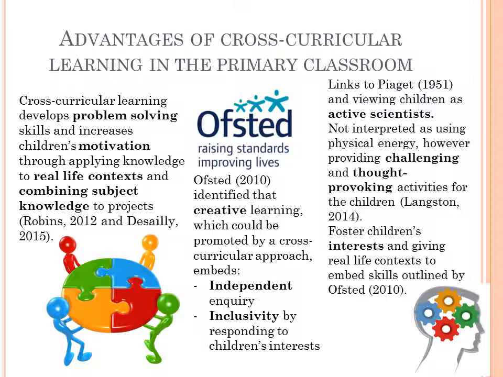Linked to Piaget 1951 as viewing children as active scientists who learn through exploration. Langston 2014 highlights that this should not be interpreted as using physical energy, however providing challenging and thought-provoking activities for the children. This could be achieved by fostering children's interest and giving real-life context to learning, which will further strengthen the learning and skills ascertained by Ofsted 2010 in a cross-curricular manner.